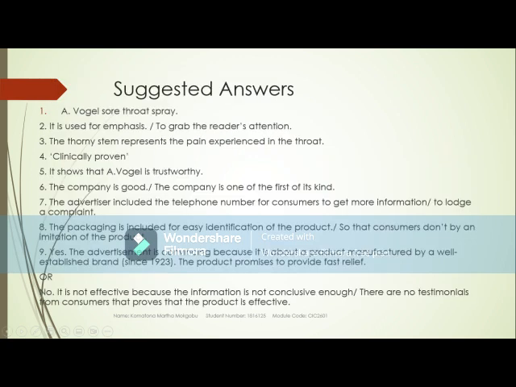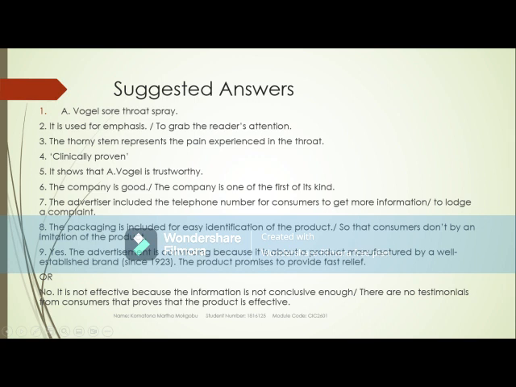So that is our questions. So the answers that we were provided: number 1, it says Avogo sore throat spray. Number 2, it is used for emphasis to grab the reader's attention. Then answer number 3 says the thorny stems represent the pain experienced in the throat.